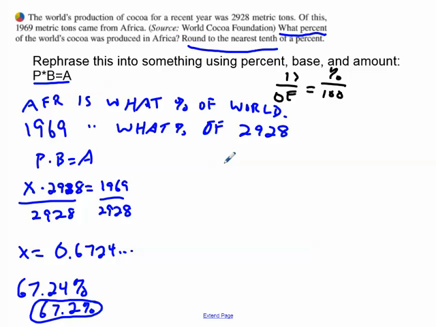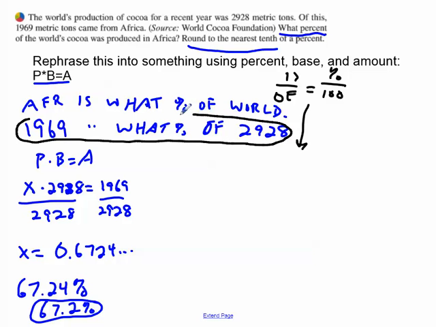If I follow my other setup, is to of as percent is to 100, let's see if I can summarize the information over here as is to of. Of 2928, 2928 equals percent.